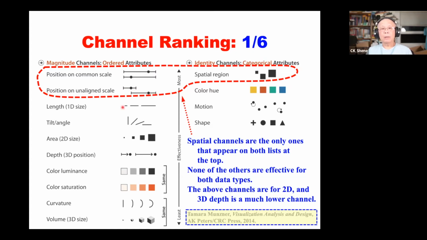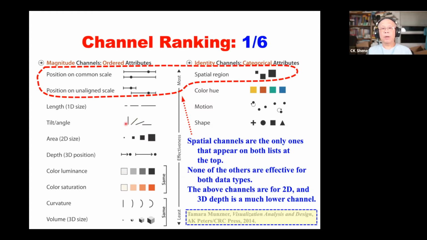Followed by length, one-dimensional, followed by angle, tilting. But the problem is people can easily recognize perpendicular and horizontal lines and probably a 45-degree line. But many people cannot distinguish 20 degrees and 40 degrees and probably 50 degrees.